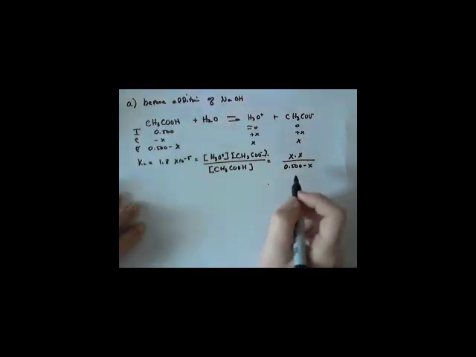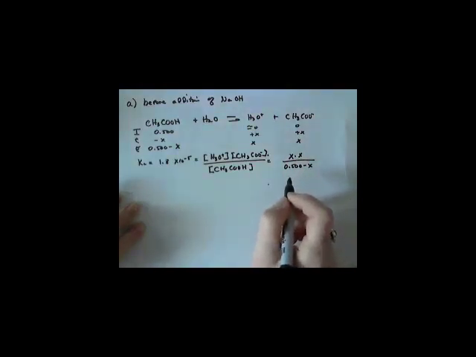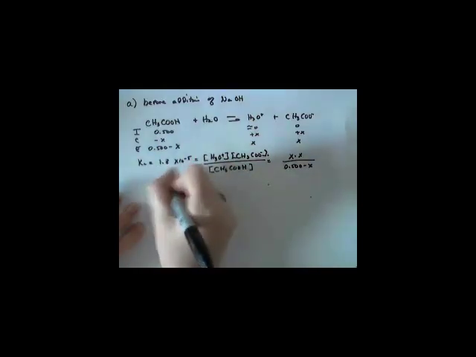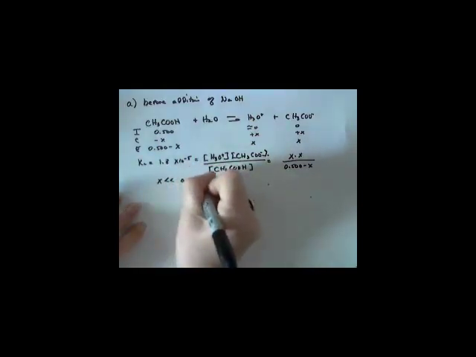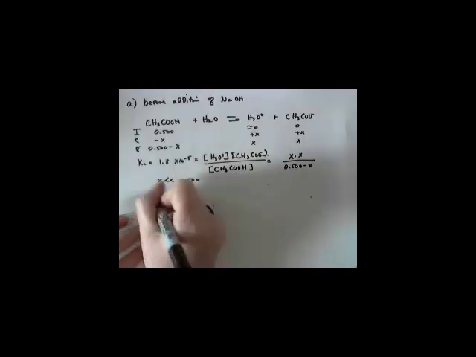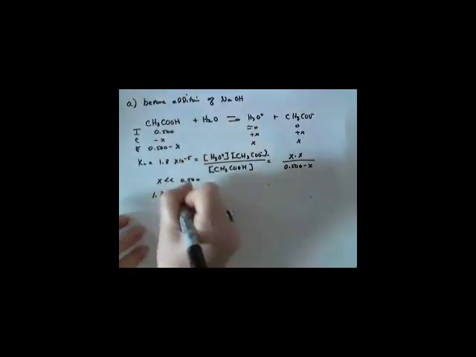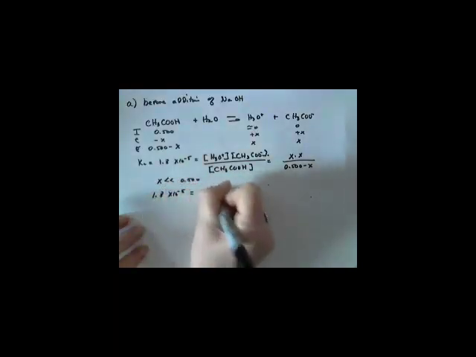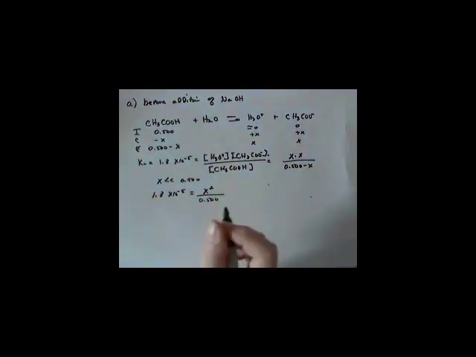Now, what we're going to do here is assume that x is much less than 0.5 molar, than the initial acid concentration. We'll check our assumption a little bit later, but this is going to allow us to simplify this expression. So now we have x squared over 0.5 molar.